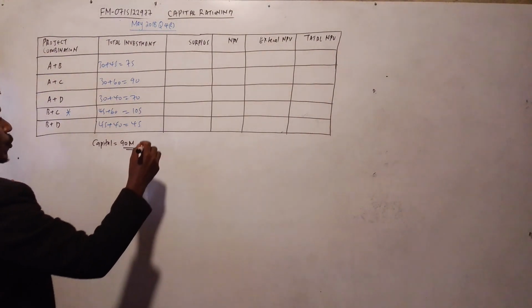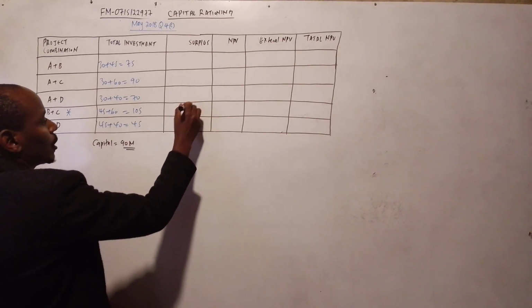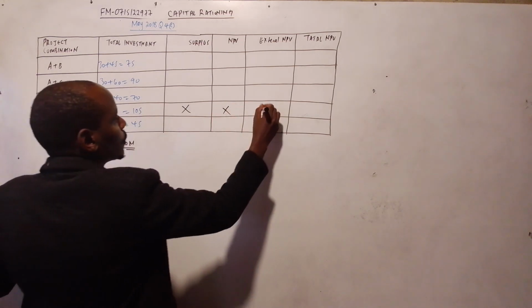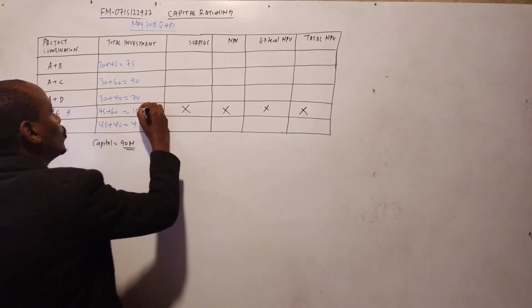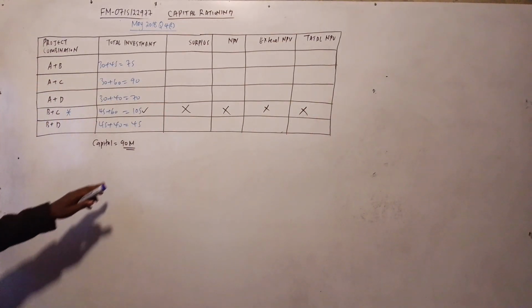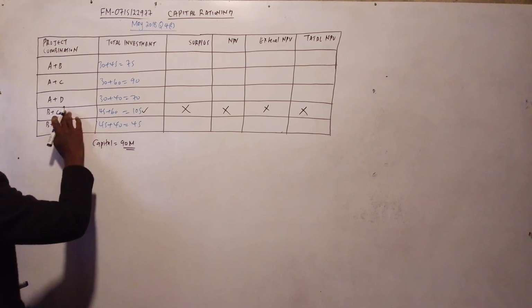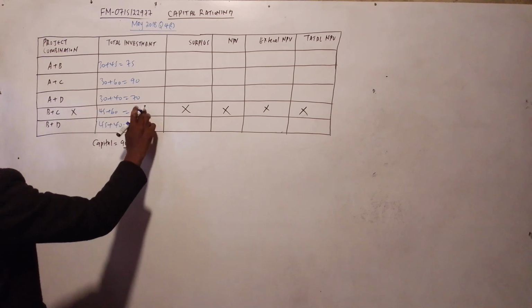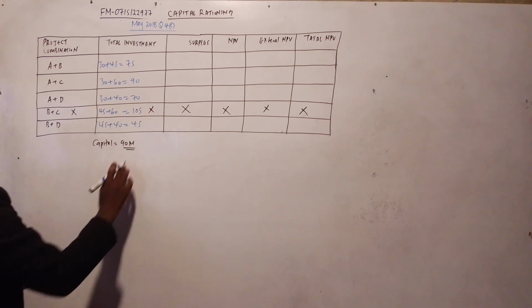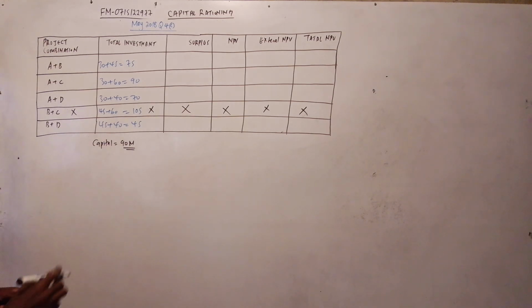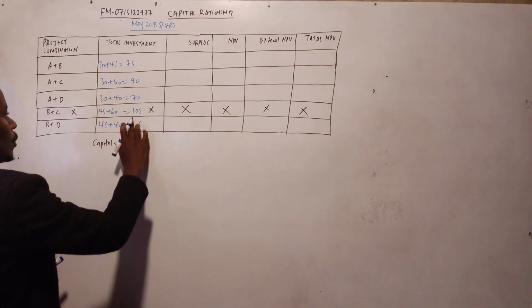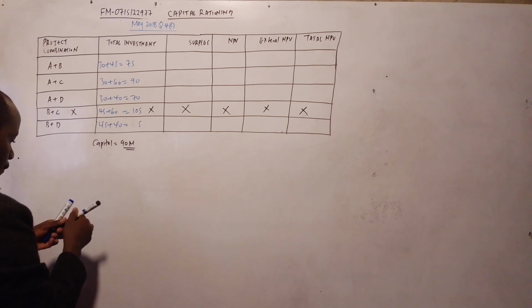So we eliminate this project because the amount of total investment is more than 90 million. So kumaanisha we eliminate that project. We cannot do it because it exceeds our cost. But the rest of the projects, we can do them. This one is supposed to be 85.